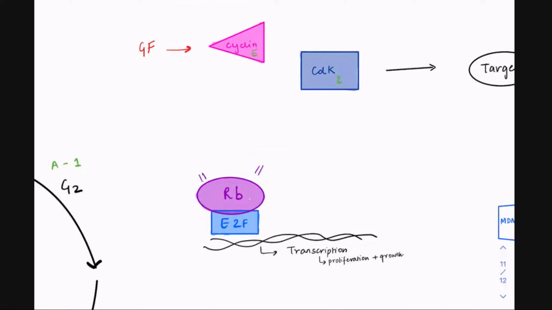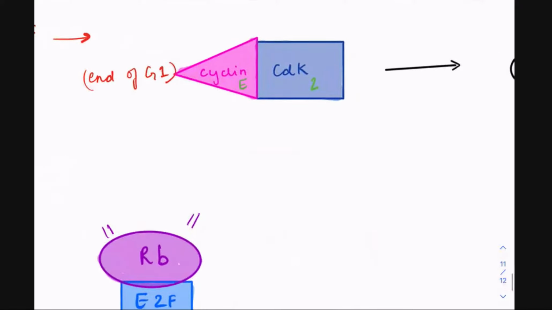So they're going to help us synthesize these cyclins at the beginning of our S phase, or we can say in the end. Towards the end of the G1, we make a lot of cyclin E, okay? We make a lot of cyclin E so we can use the cyclin to turn on our cyclin-dependent kinases or CDK2 specifically in this example.